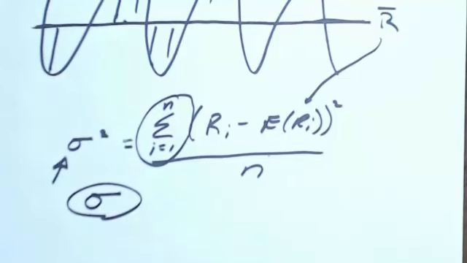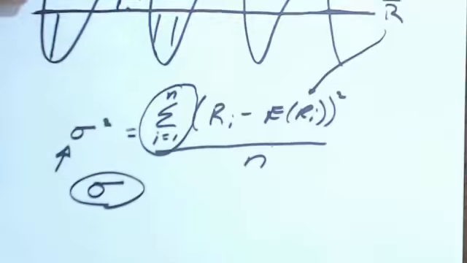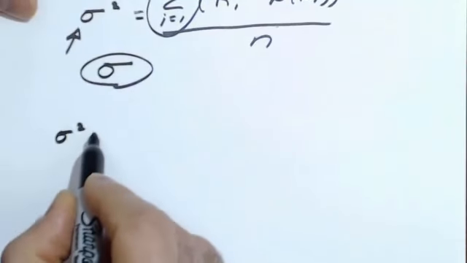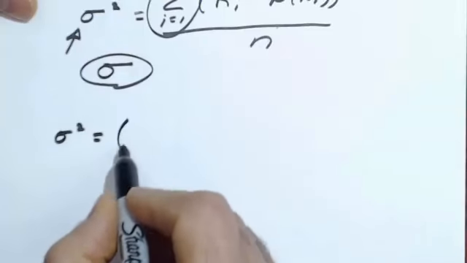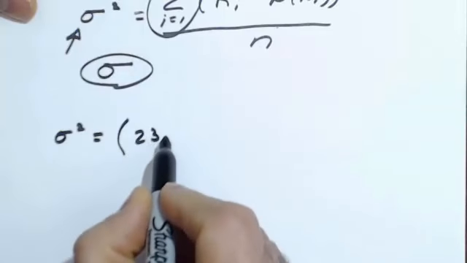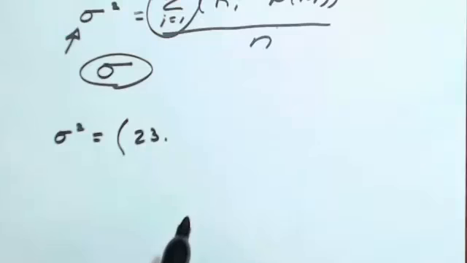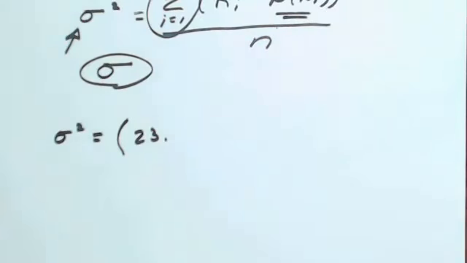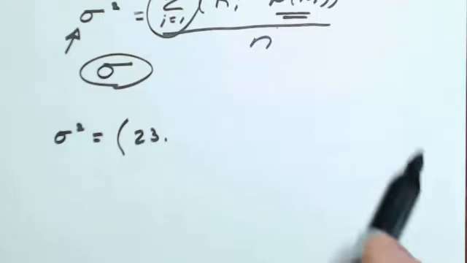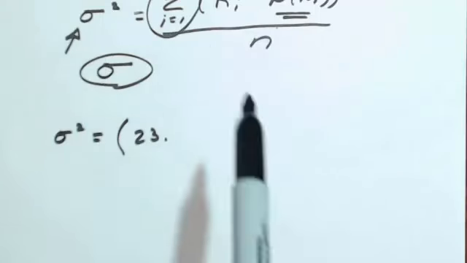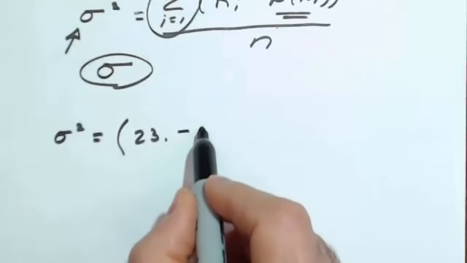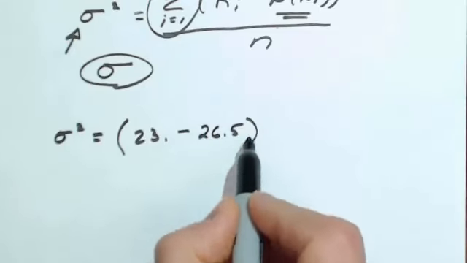So let's calculate the volatility of large company stocks from the table of information I gave you. So that's not too hard. We're just going to take the deviations from the mean. So from the arithmetic mean now, I should say. This is the arithmetic mean because it's a measure of central tendency that works great with statistics, like I said earlier. And this is another statistic. So we got the 23% for the first year returns minus the 26.5 average.